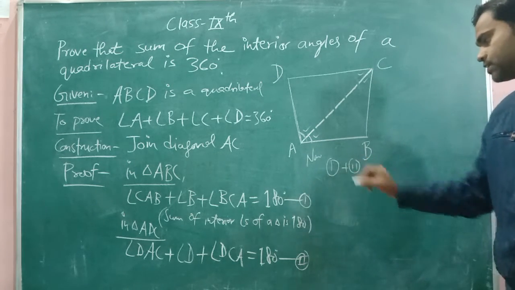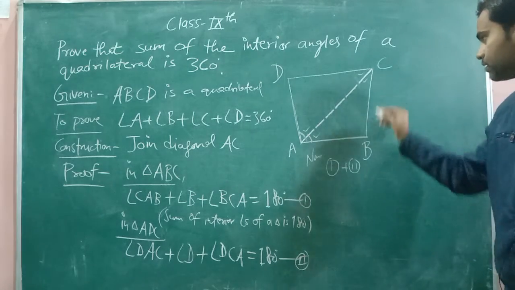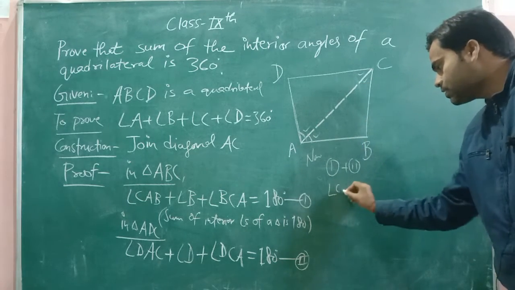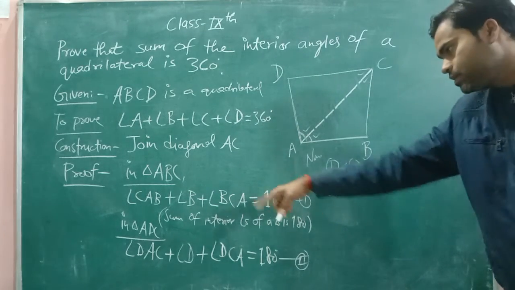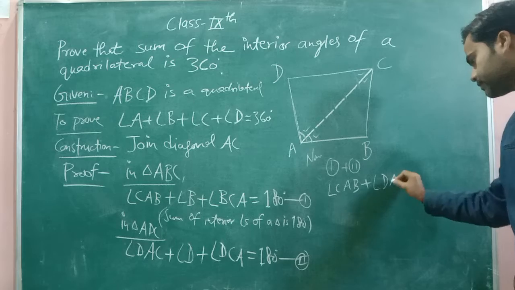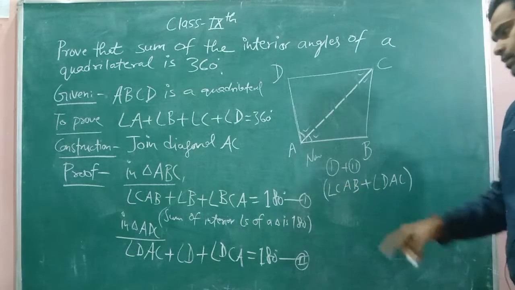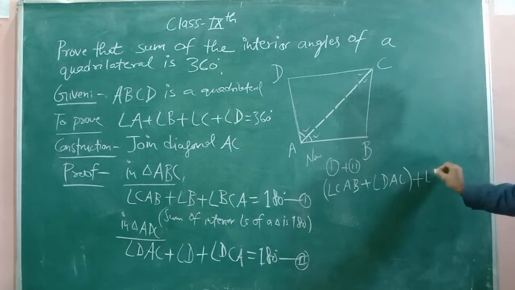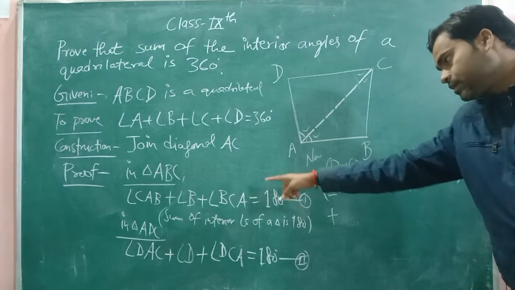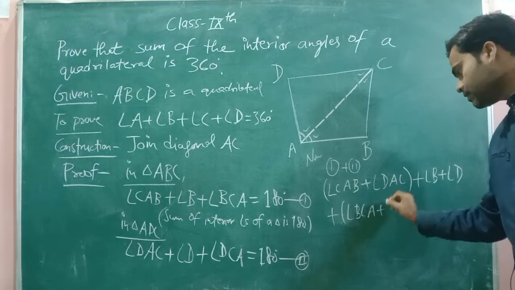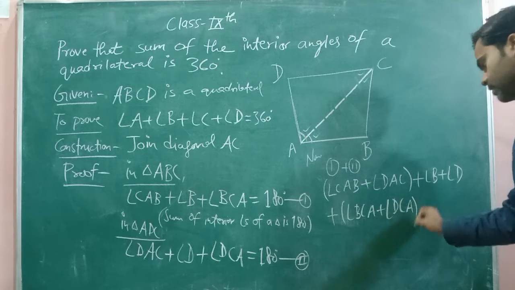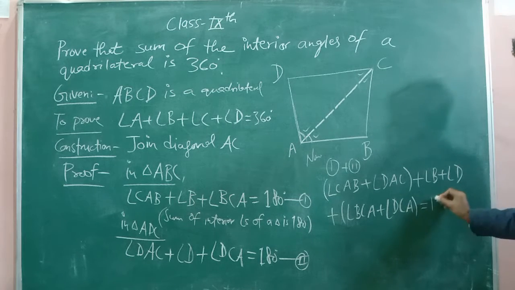First plus second: CAB plus DAC plus angle B plus angle D plus angle BCA plus angle DCA is equal to 180 plus 180, 360.